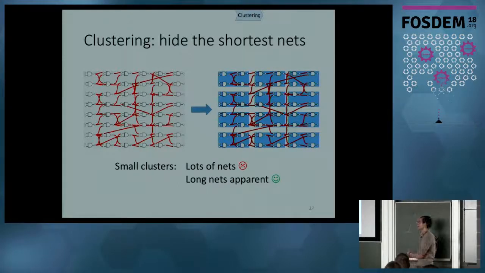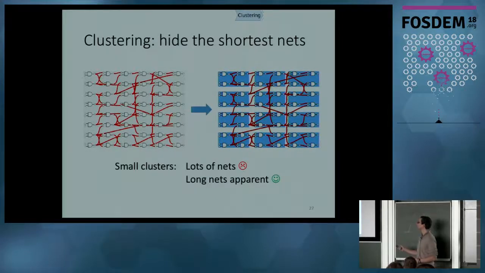But the problem is that well, there are a lot of nets, and you may cut more than needed. So one of the trade-offs, one of the games here, is to decide the clustering grain to balance between the two aspects of the clustering. Okay, once that's done, let's say that this is the clustering grain I want to use.